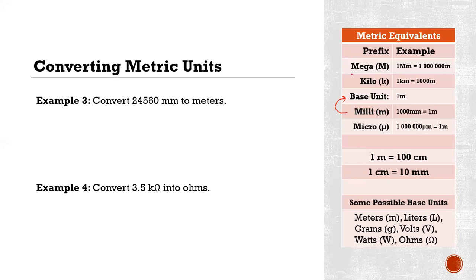We're moving up the table, so we're taking some small units, and we want to write them as a larger unit. Now, if milli is really small and we're going to meter, that must mean our number will have to get smaller, so we're going to have less of the larger unit. So this step was 1,000, so we're going to move our decimal 1, 2, 3 places. 3 places to make the number smaller.